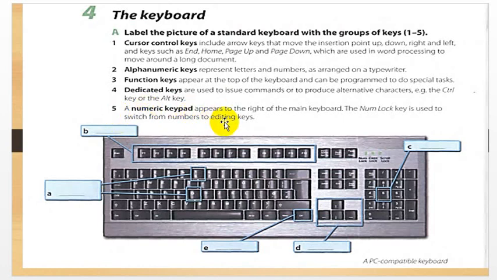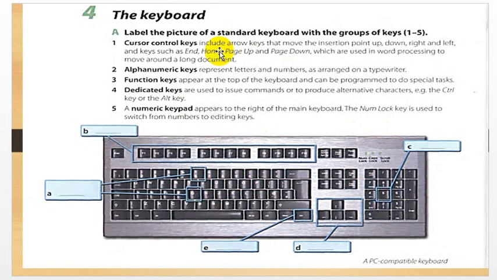The numeric keys. What are the numeric keys? They appear to the right of the main keyboard. The Num Lock key is used to switch from number to editing keys. Here we have numbers, and also here we have numbers.